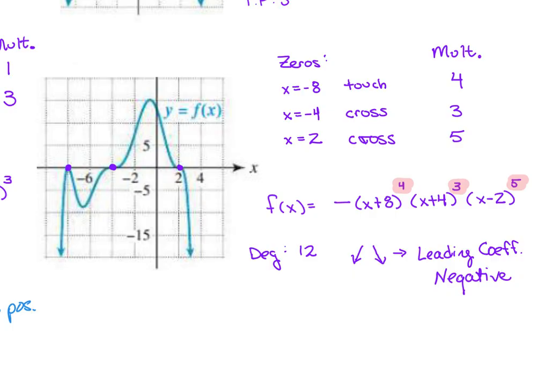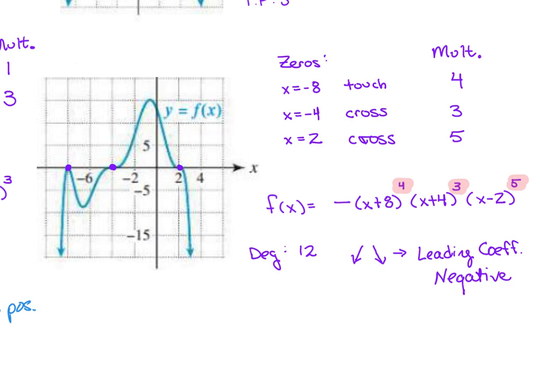All right, now technically, we are still missing one thing, and it's not something that I'm going to focus on in here. The problem is, if you do plug in 0 right now, you are not going to get a y-intercept that is around 12 or 13. This is something that we will discuss in future math classes.